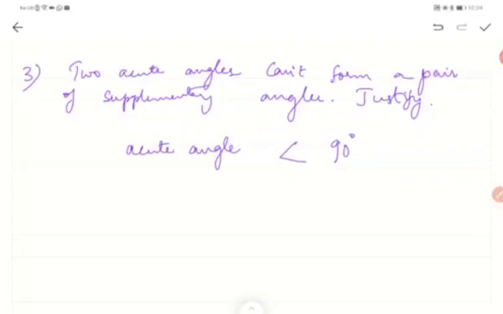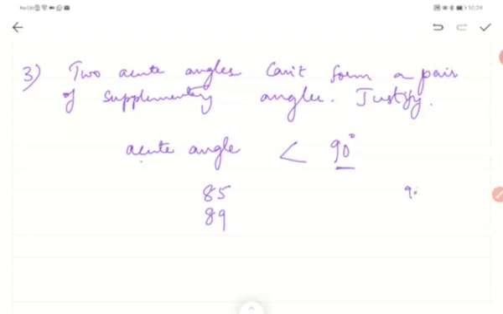Okay, so if I take one angle as 85 degrees and the other as 89 degrees, so an acute angle is less than 90 degrees. If I take the extreme end of acute, that is 89. If you take 90, it becomes a right angle.